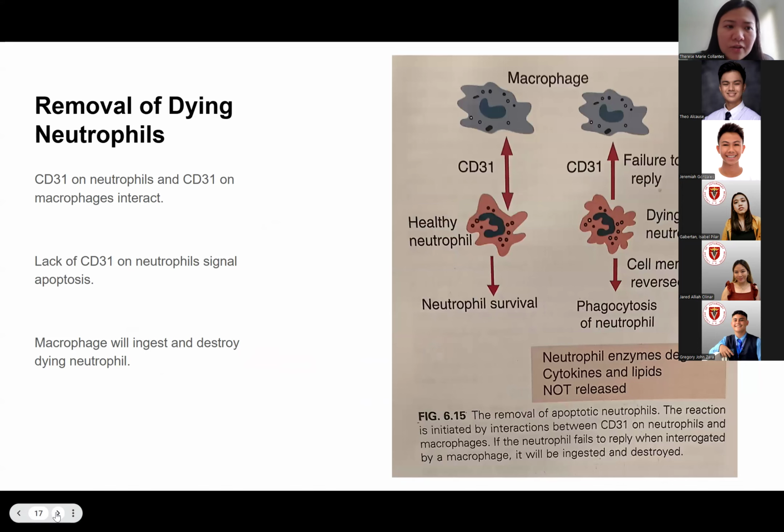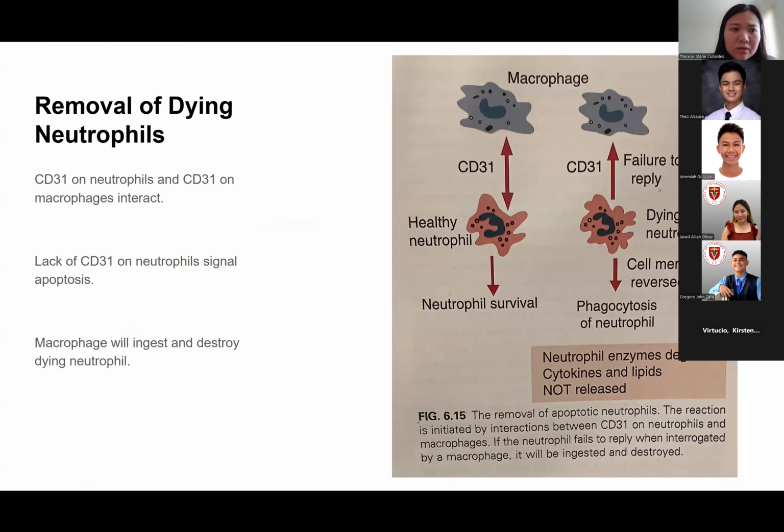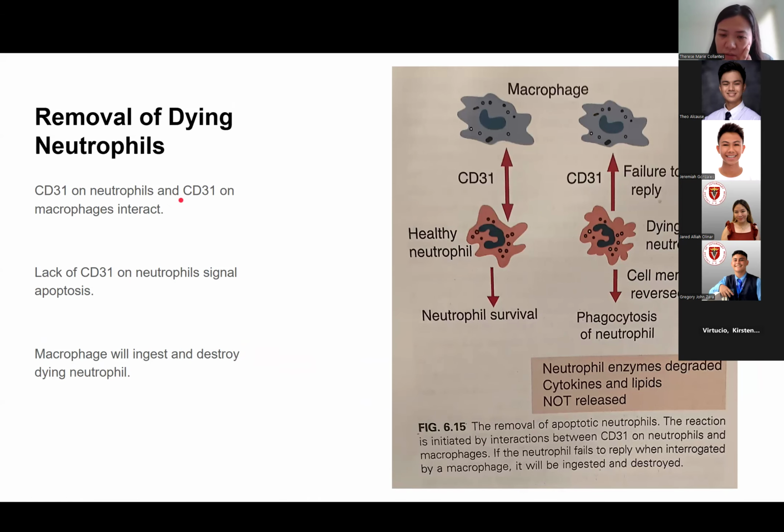Now, the macrophages also have the function of removing dying neutrophils, or dying cells. In particular, we are looking at the example of how the macrophage is able to detect dying cells. So, how does this occur? This is through the interaction of a cellular marker called CD31.